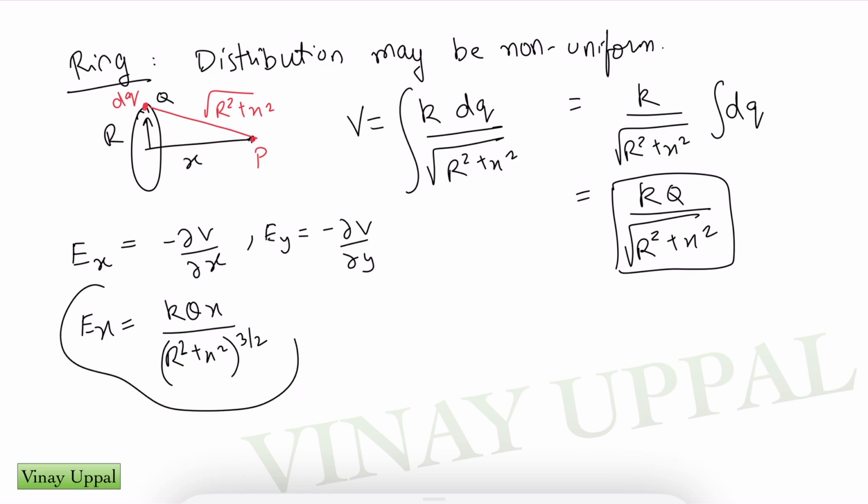You'll get the x component. Now we do not know how the potential varies on points that are not on the axis, so we cannot do any calculation for Ey. But if the charge is non-uniformly distributed, then Ey may come out to be non-zero. If the ring has uniform distribution, then Ey and Ez will automatically be 0 just by symmetry, and this will be the entire field that we already saw.